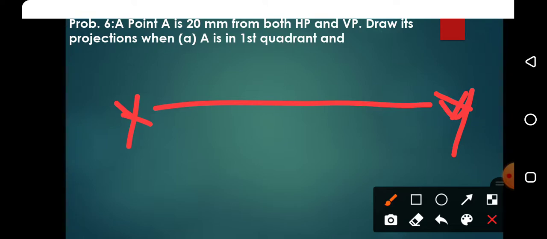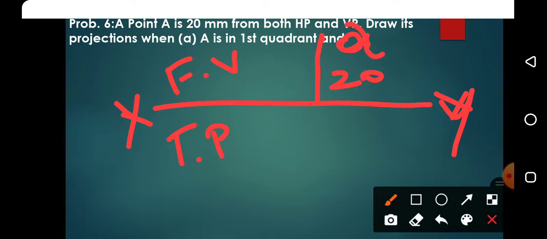Your front view will always be above the XY line, and the top view is always below the XY line. So the front view is given as 20 mm above the HP, so here you have to take 20 mm above the HP. Here you will get the point a dash. Front view is always denoted by a dash.